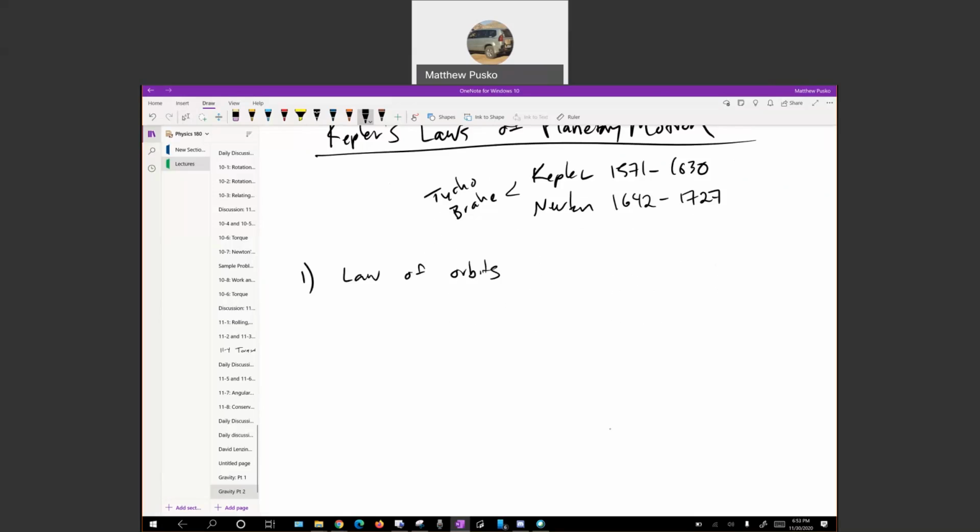It just says that planets move in elliptical orbits, and they do this with the sun at one of the focuses, one of the foci.